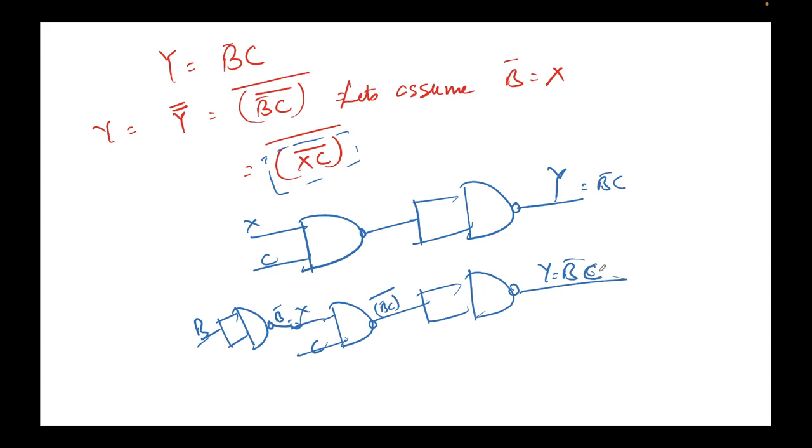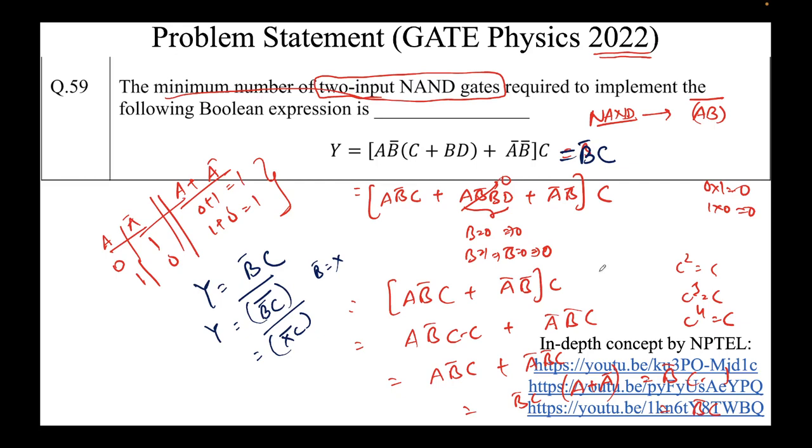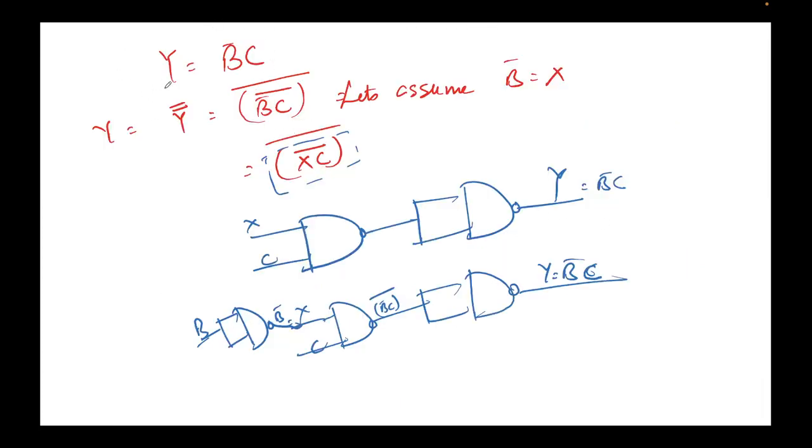We can get any Boolean expression using NAND, because NAND is a universal gate. Remember, every Boolean expression can be expressed in terms of NAND gates. So what we did is that first we simplified this expression, and finally we got that the expression is Y equal to B bar C. But we need the form of something into something bar.